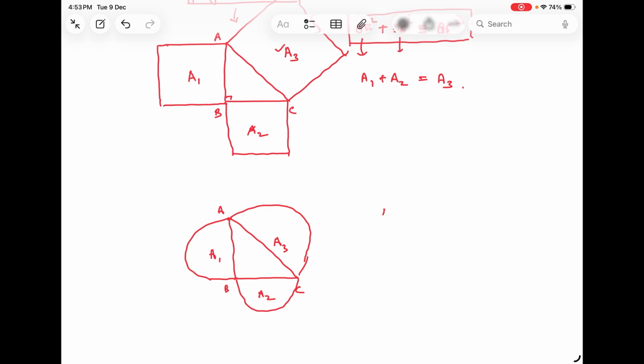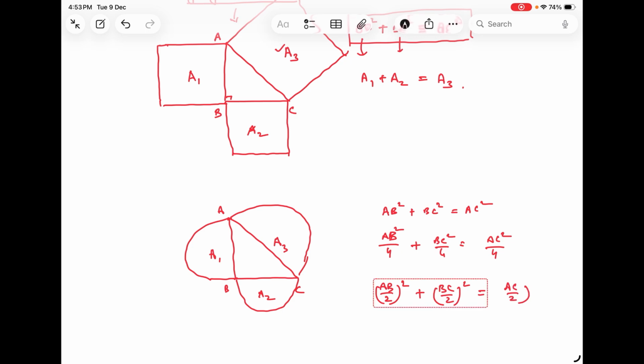See, we are already given that AB square plus BC square is equal to AC square, right? If I divide each side by 4, we get AB square by 4 plus BC square by 4 is equal to AC square by 4. It means this is AB by 2 whole square plus BC by 2 whole square is equal to AC by 2 whole square.